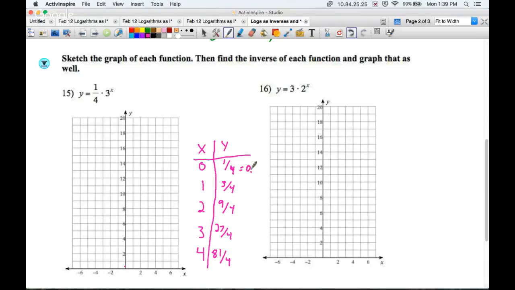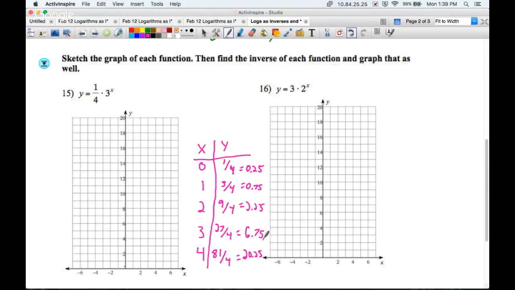And I'll give a decimal approximation for these. So 0.25, 0.75, 2.25, 27 divided by 4, 6.75, and 81 divided by 4, 20.25.